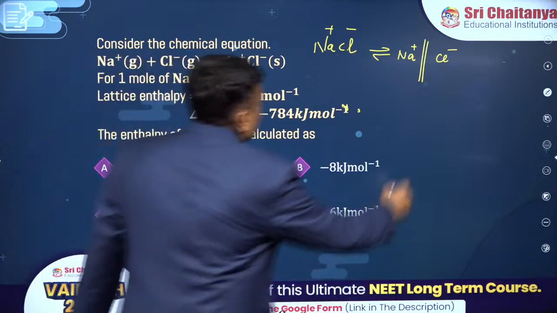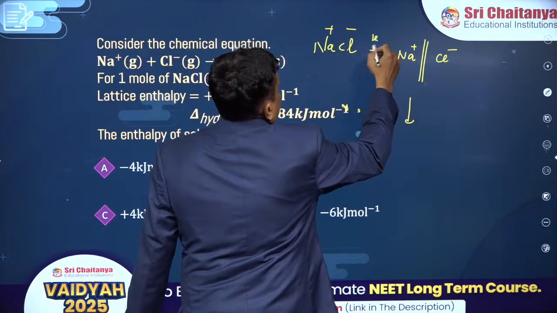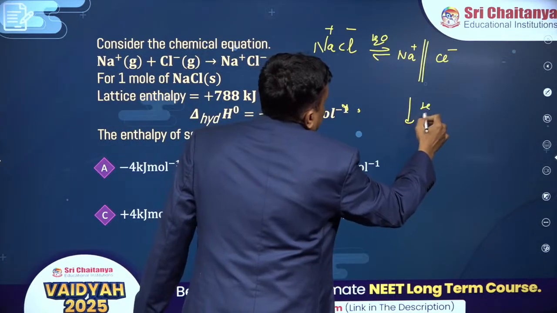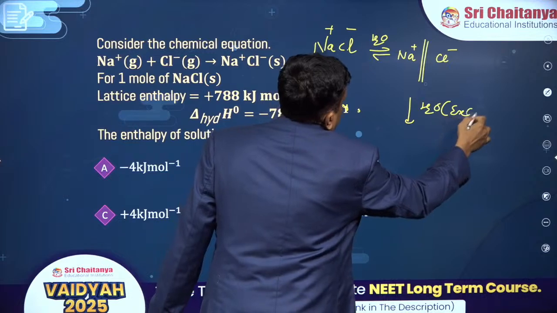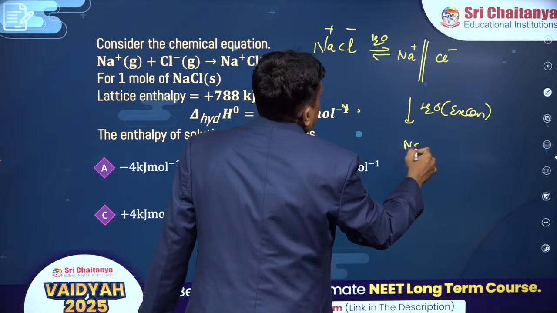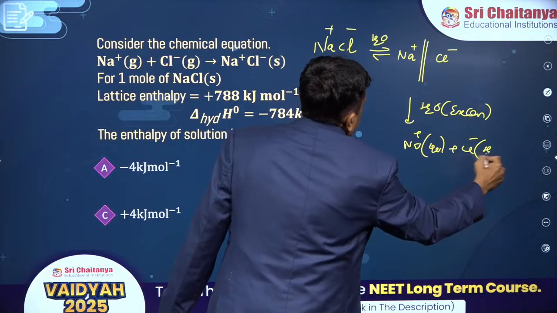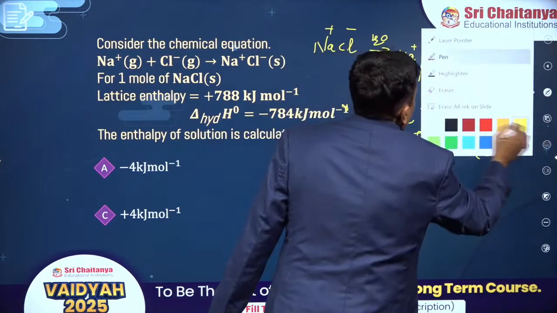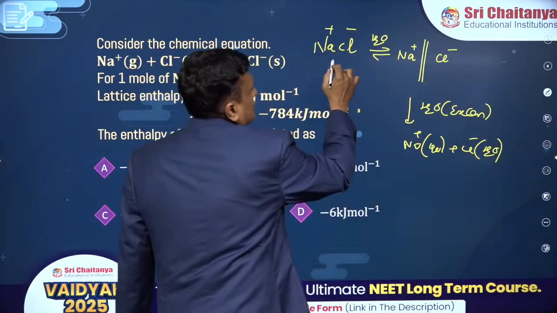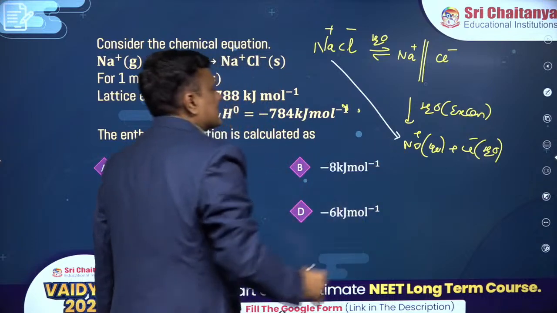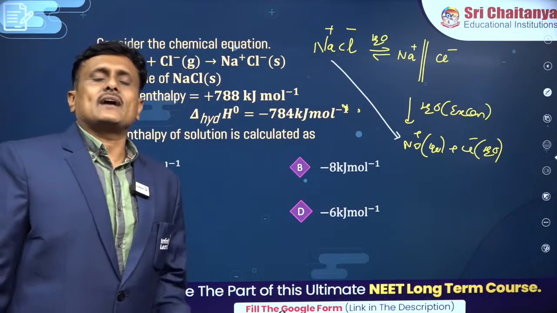And after that, when you add excess of water, the water is hydrating the ions, right? Na plus and Cl minus get hydrated. So the point is, there are two components involved in the process of converting NaCl solid to NaCl aqueous.